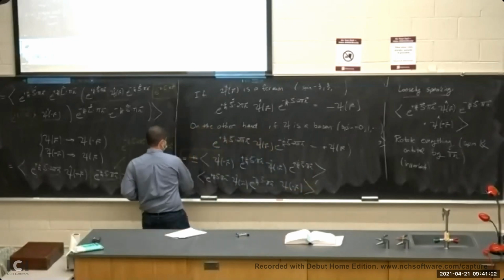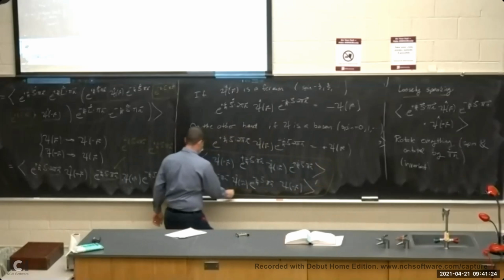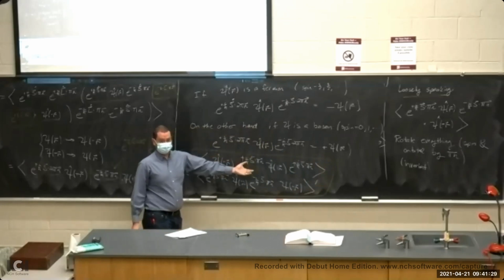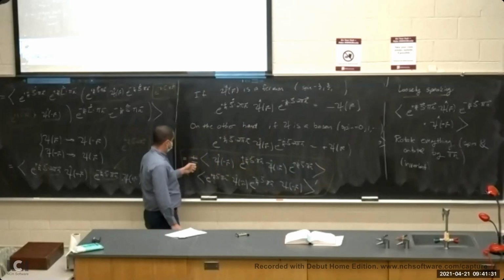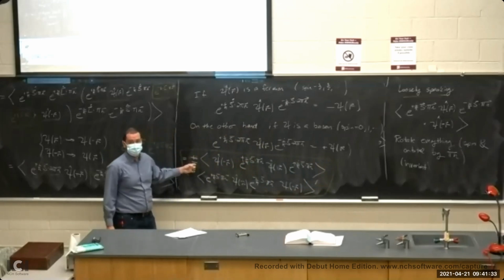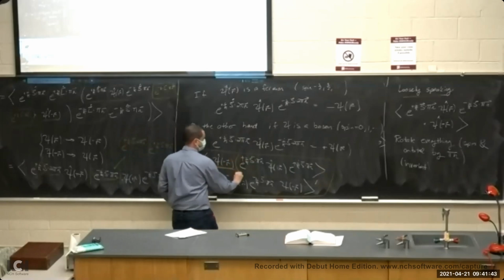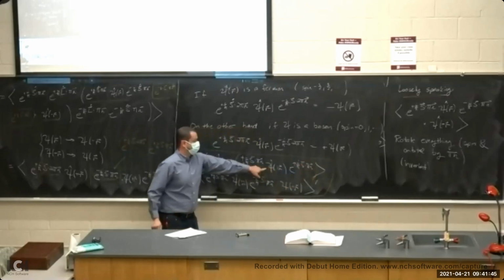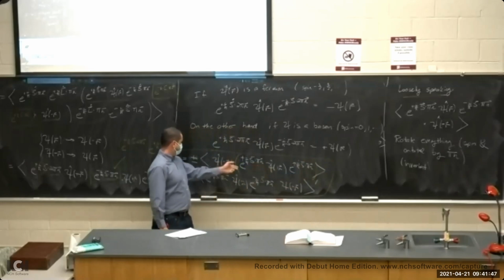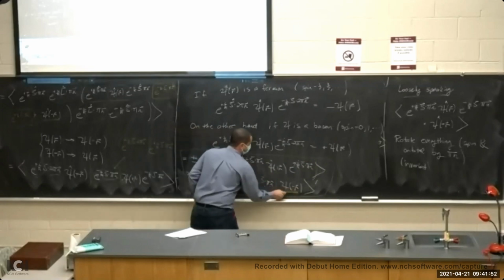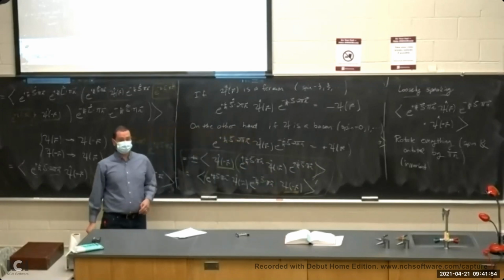So this is sort of the punchline of the proof, if you can call it that. What I've done is I've applied a rotation to this thing. And that rotation has generated a plus or a minus, depending on how the spin transformed under that 2 pi rotation. The other thing that I've done is I've effectively commuted these objects past each other. I have psi of negative r, and then this thing, which is a rotation of the spin of psi of r. After this transformation, the rotated thing is on the left, and psi of negative r is on the right.